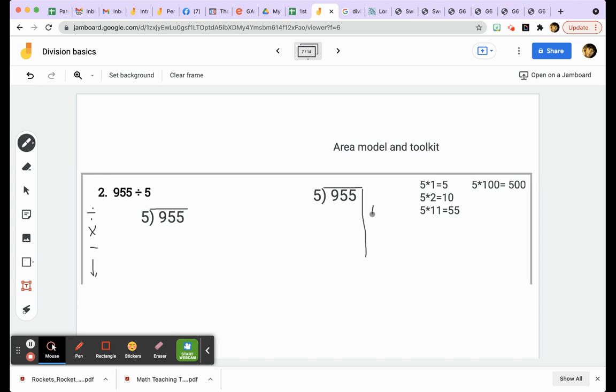So my partial quotient is 100. 5 times 100 is 500. I'm going to subtract. Nine subtract 5 is 4.